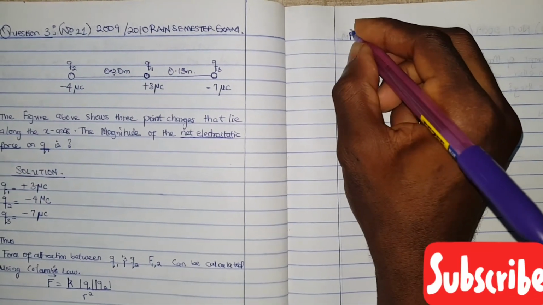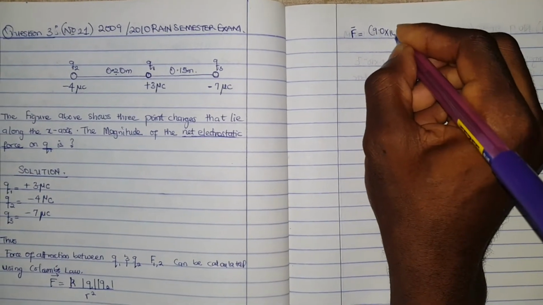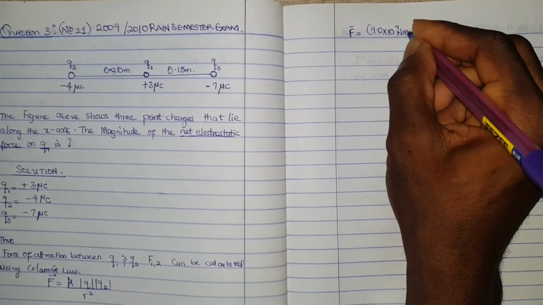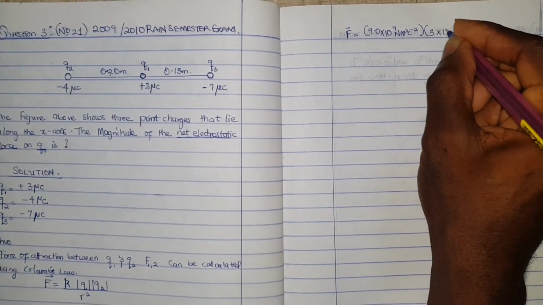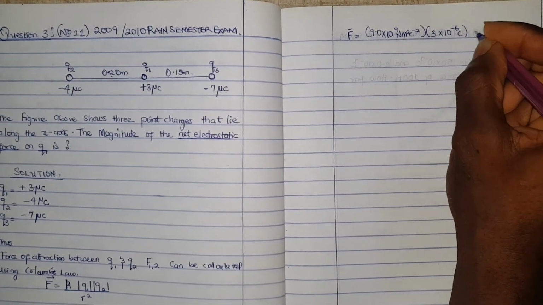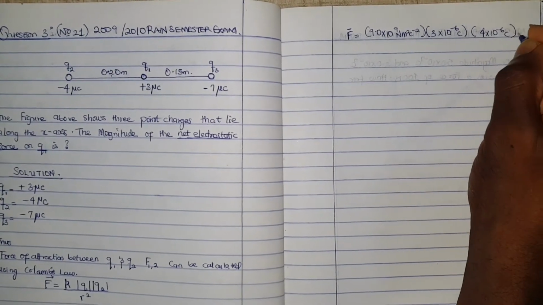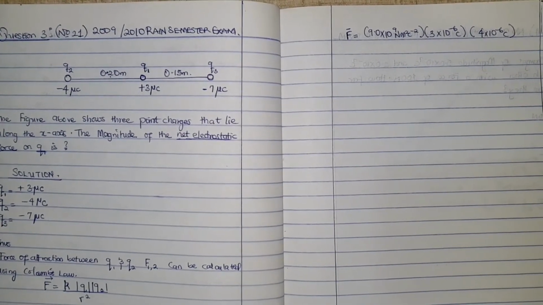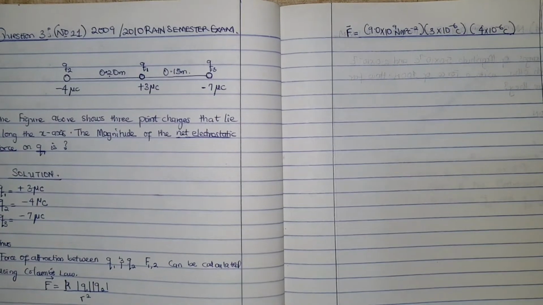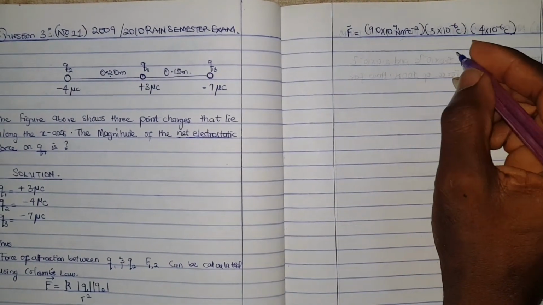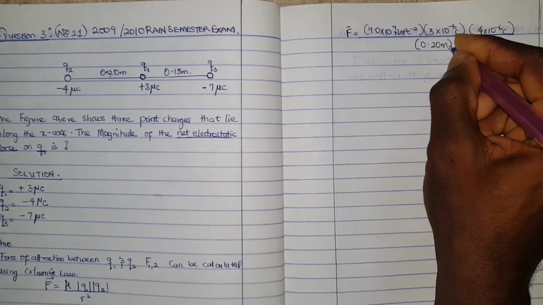The force is equal to 9.0 times 10 raised to power 9 newton meter square per coulomb square, multiplied by 3 times 10 raised to power minus 6 coulomb, multiplied by 4 times 10 raised to power minus 6 coulomb, over the distance between Q1 and Q2, given by 0.20 meter square.